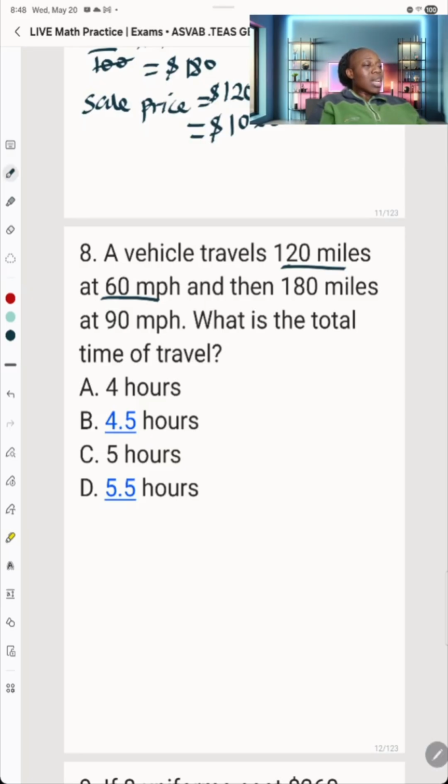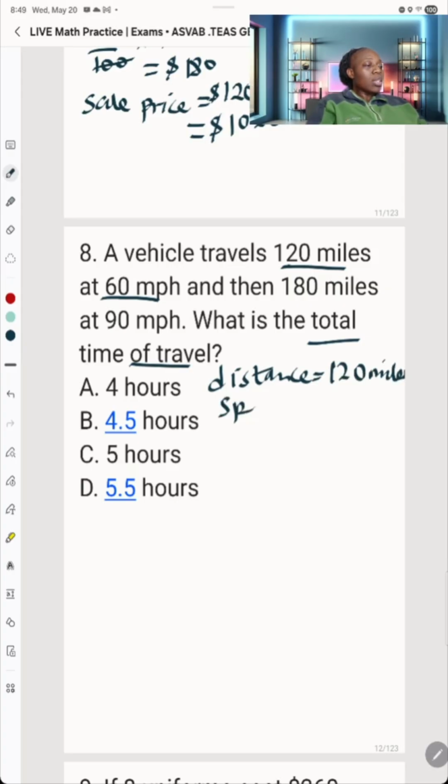What is the total time of travel? So the first journey is 120 miles at 60 miles per hour. So we want to find time from that one. Once you have miles, you know it's distance. So distance is given to us as 120 miles.